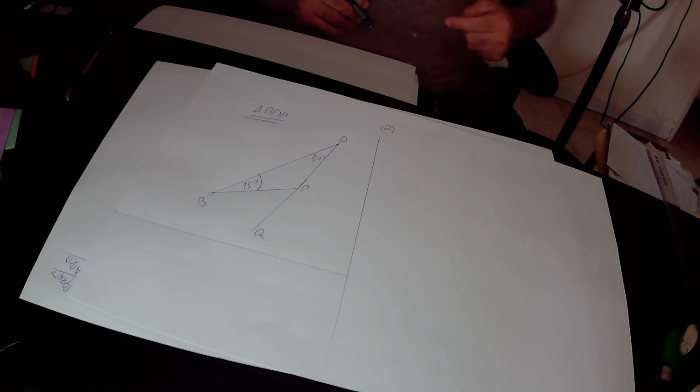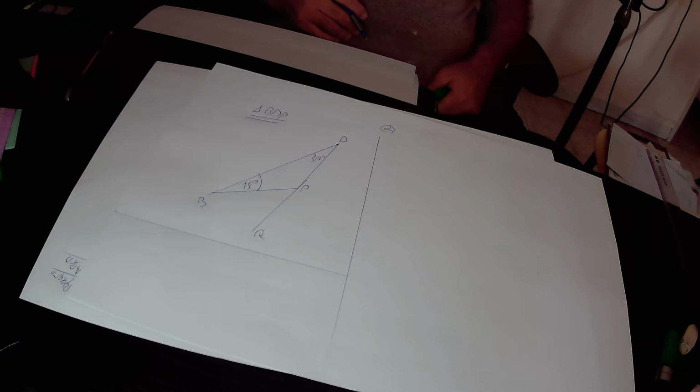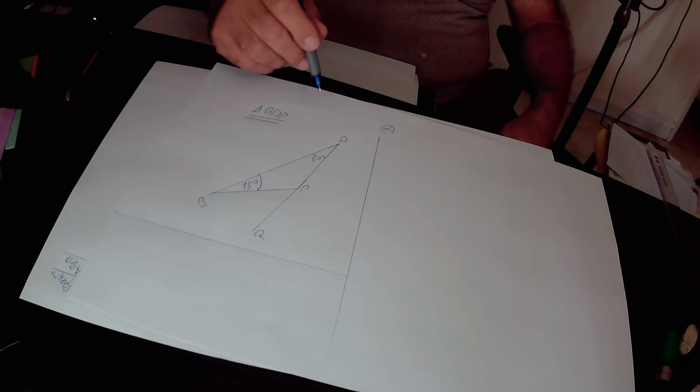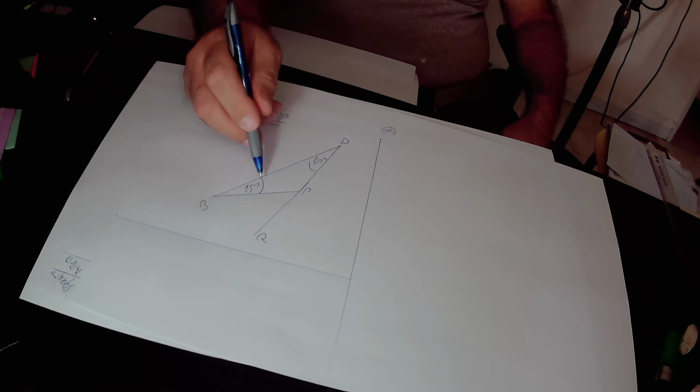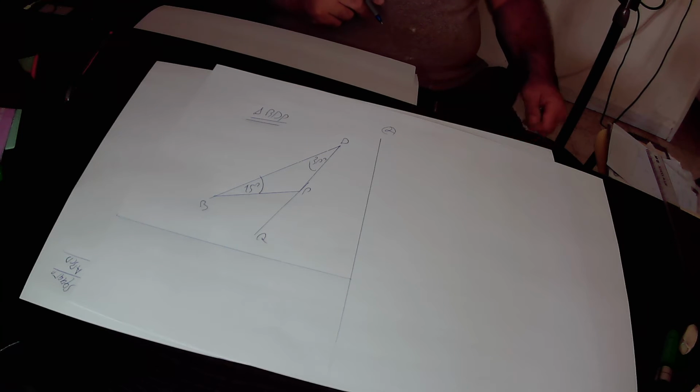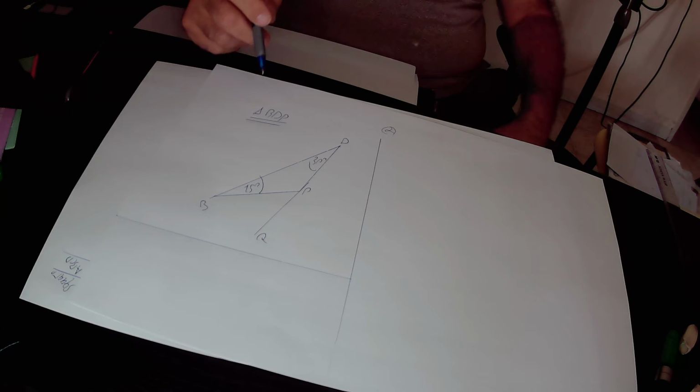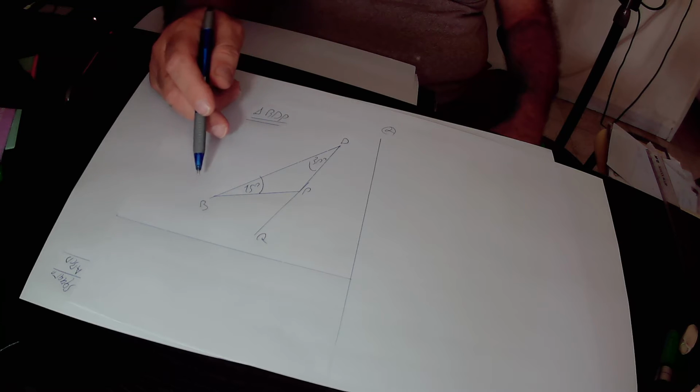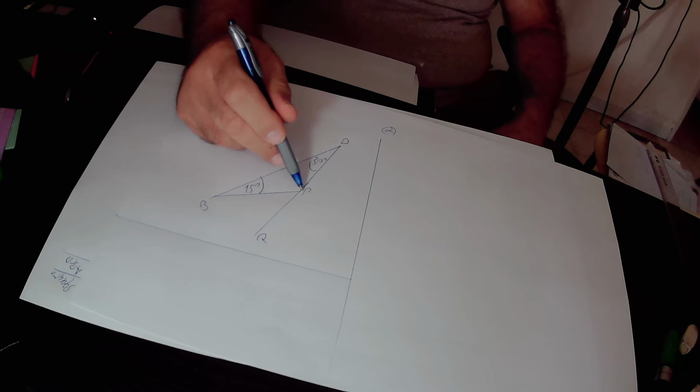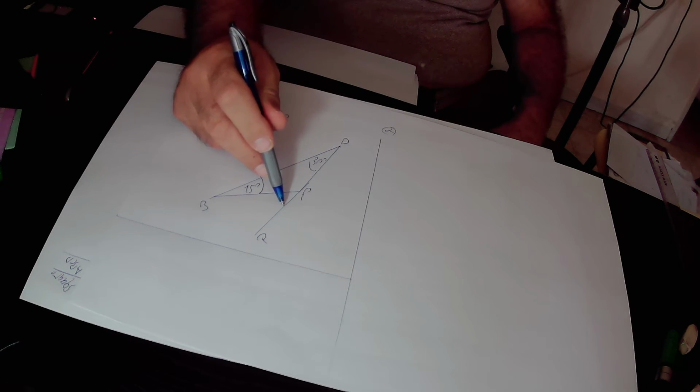This triangle BDP is equal to the original drawing. In this triangle BDP, those three angles are defined as an external angle. This is angle BPQ.